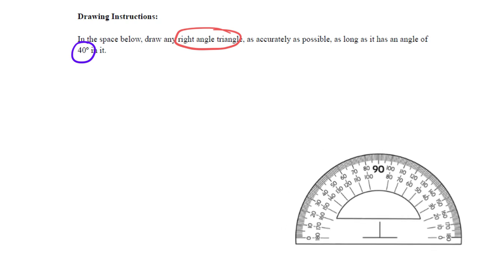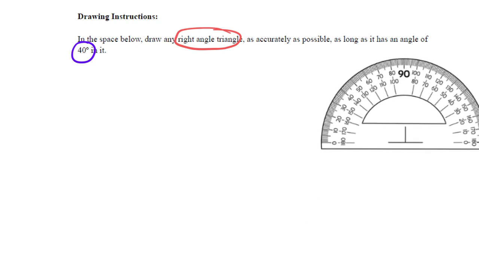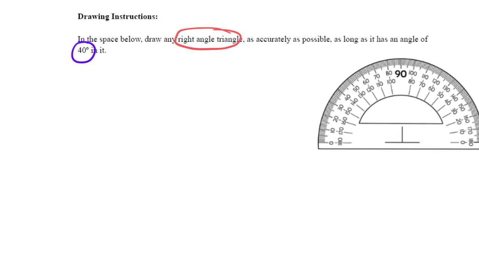Okay, in this big space in the middle, I've got my protractor. What I need to do, and I'm just going to move my protractor out of the way, I want to take my ruler and I'm going to draw one side of my triangle. Now, I don't know how big this triangle is going to be yet. So maybe I just draw a horizontal line. I'm going to move my protractor way up to the top here.